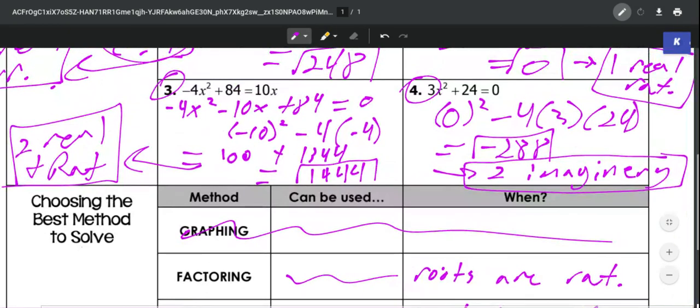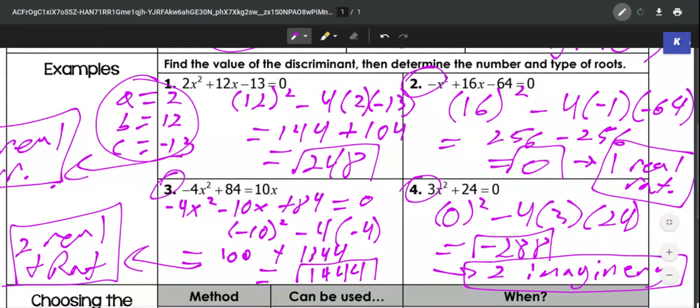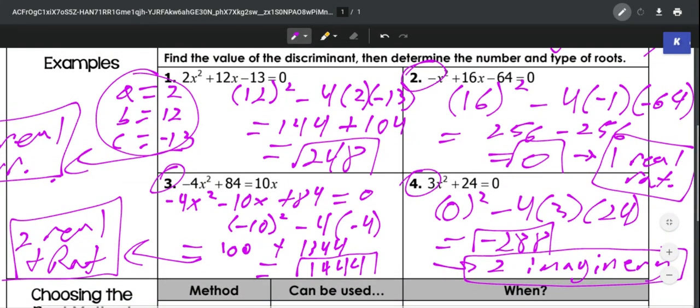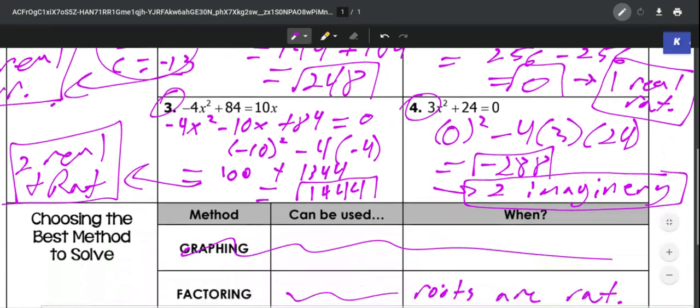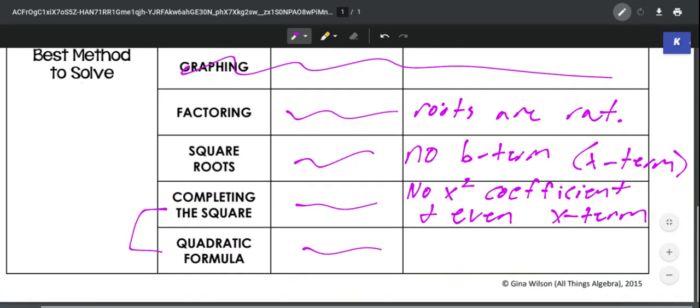So let's see if we had one of those. We actually didn't in any of these, but you'll see when we do the homework there is one. So there's no really good examples for that, but you could actually use that on either one. But they're best when there's no x squared coefficient and an even b term or x term coefficient.